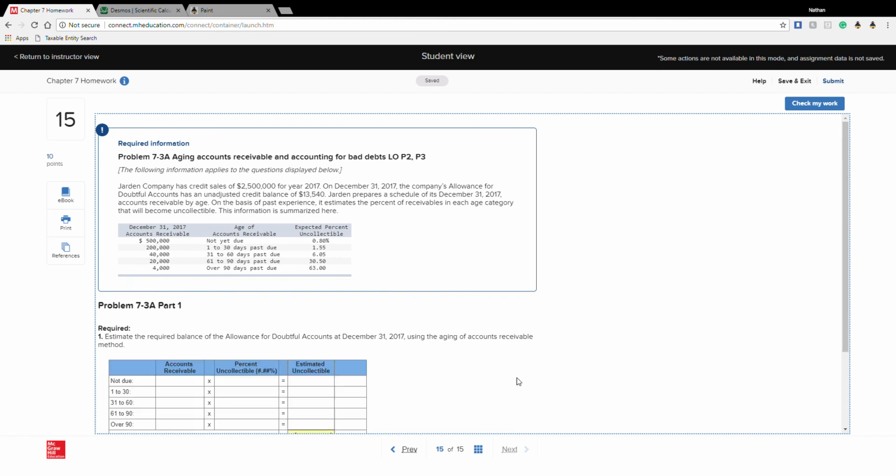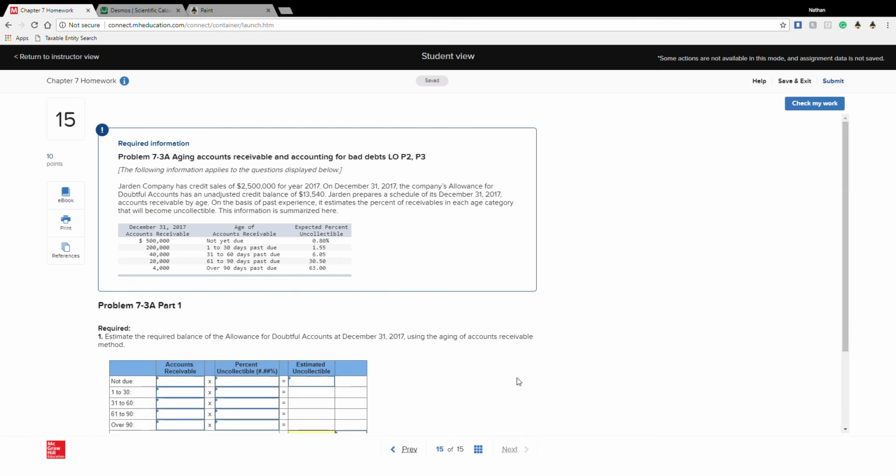Alright, so last problem. Okay, so again, looks like another aging accounts receivable report. So we're doing an estimate for allowance for doubtful accounts. Jaden Company has credit sales of $2,500,000 for the year 2017.